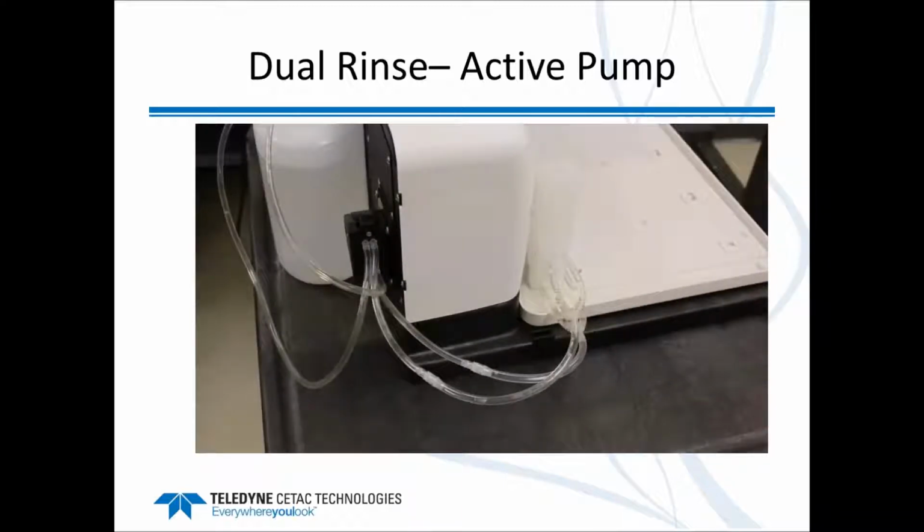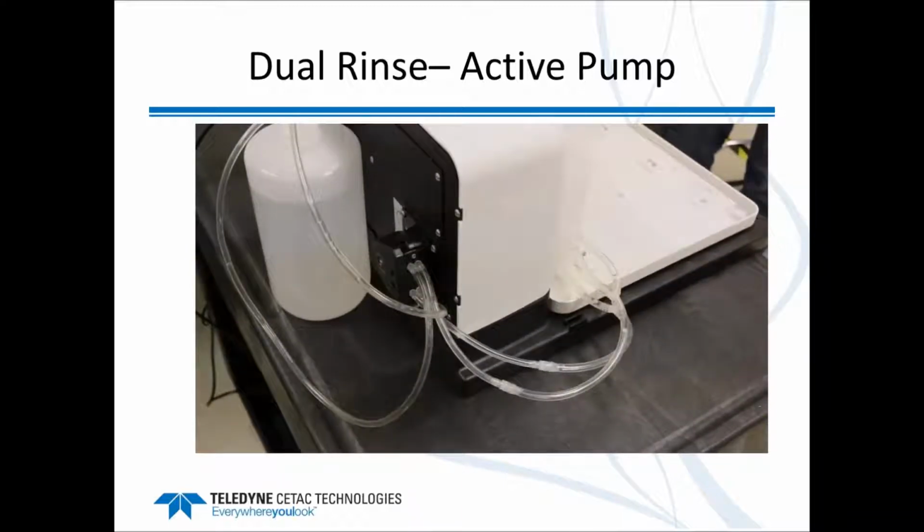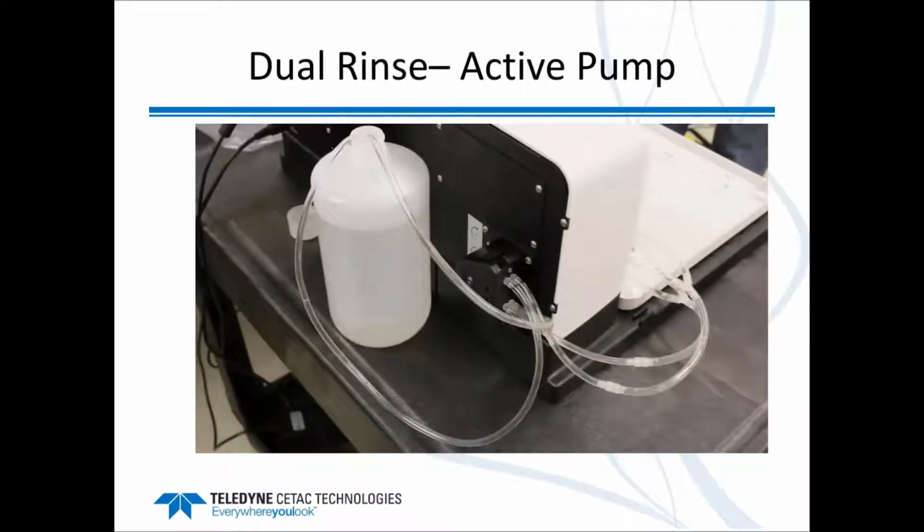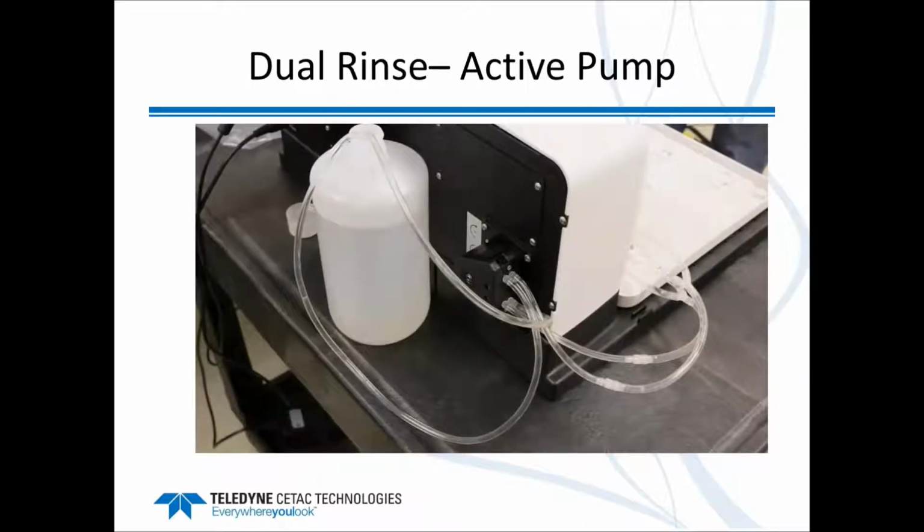So you can see it's just in a loop here where it's being fed into the two rinse stations from the bottom through a split and then pulled out at a faster rate through the top and then up so that gravity draining is not required.